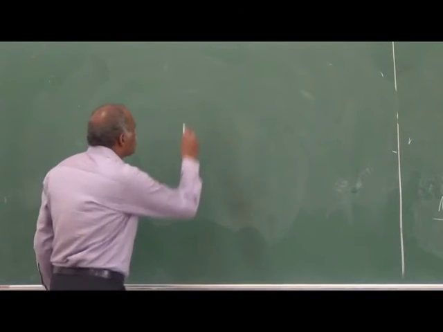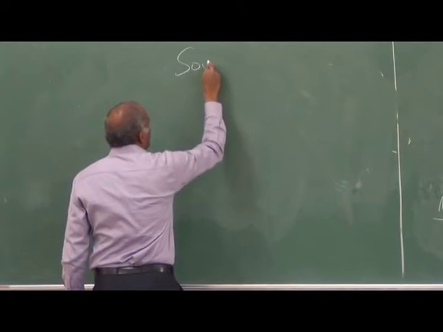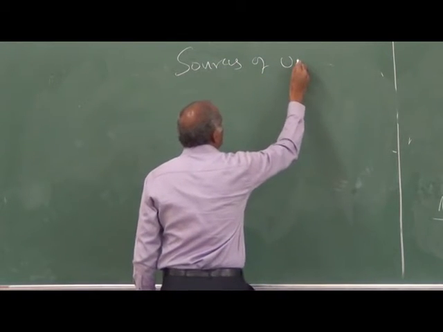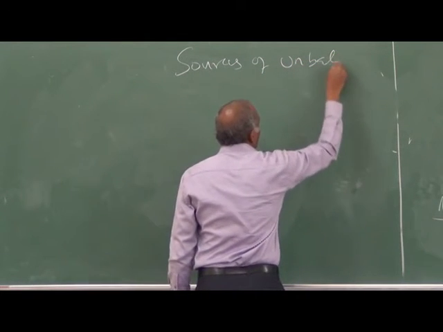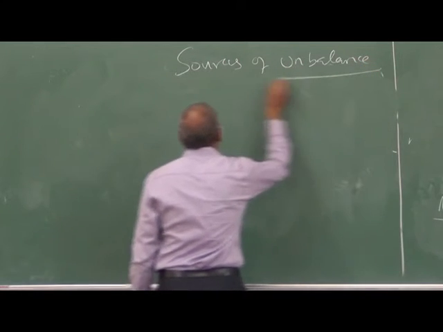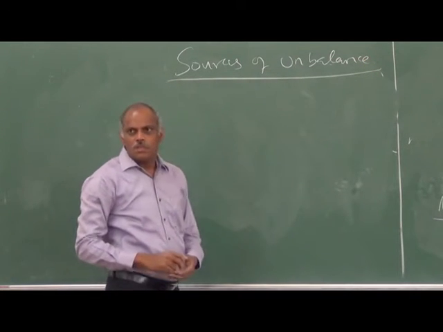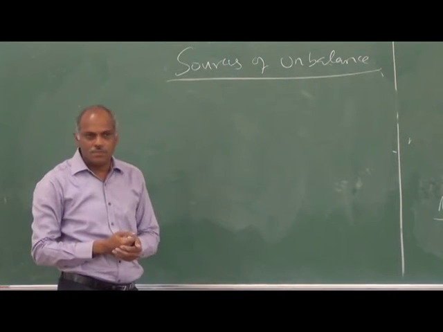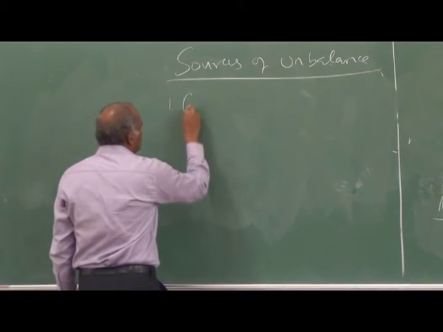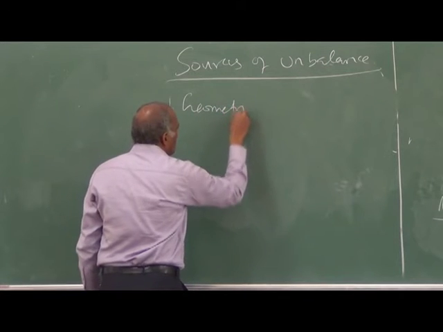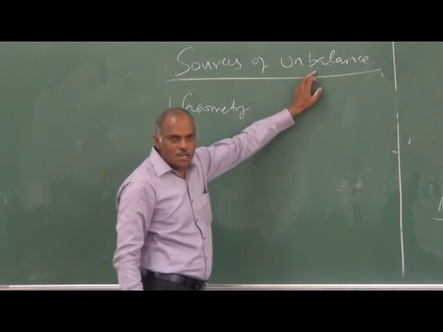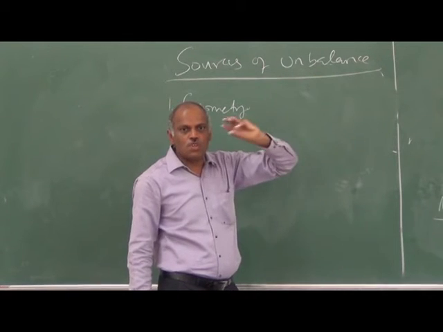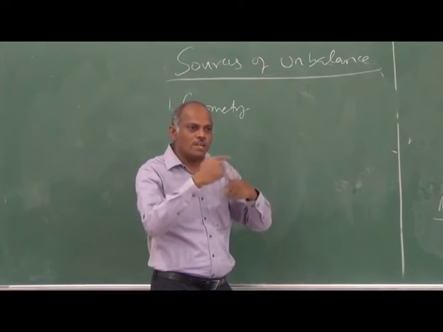We will discuss what the sources of unbalance are. How will unbalance be created in a real machine? It could be due to geometry. This unbalance, as you see, is an unequal distribution of the mass about a rotating center.